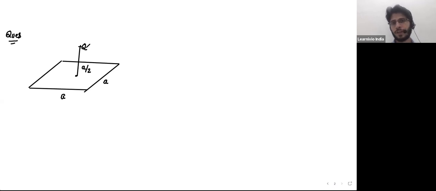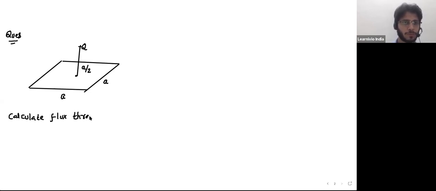So we take a square, each side of the square is a, and from a distance a by 2 from the center of the square, I placed a charge q. You're supposed to calculate flux through the square.